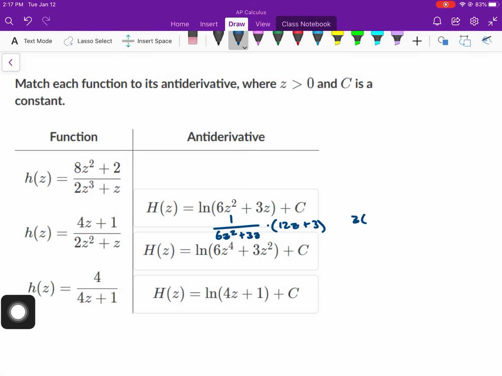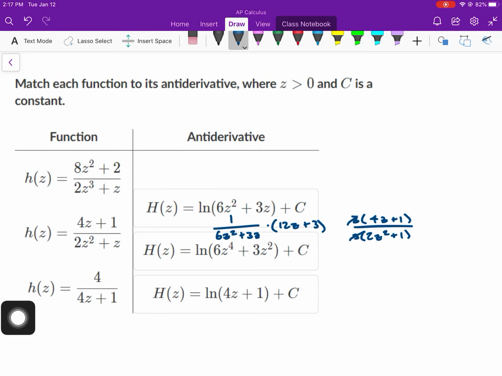I'll just go ahead and do that. 3 times (4z plus 1) over 3 times (z squared plus 1). 3's cancel, and you're left with 4z plus 1 over z squared. No, that should be 2z squared, because that was a 6 there before. And let's see, that would be this one here, right?